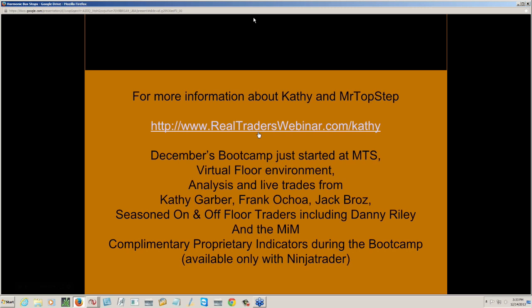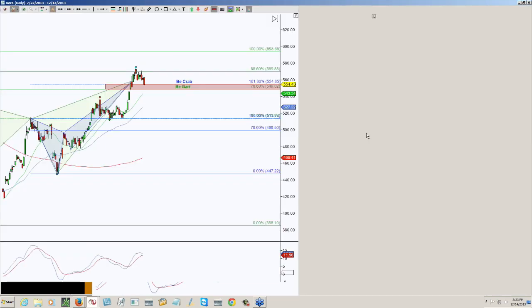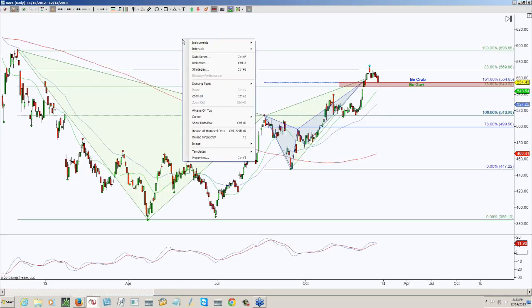A major pattern taught at Optionetics in their options training. Okay, I'm not sure what you mean. Please explain the meaning of crab. All right, let's go to a live chart. Let's just clear a chart.